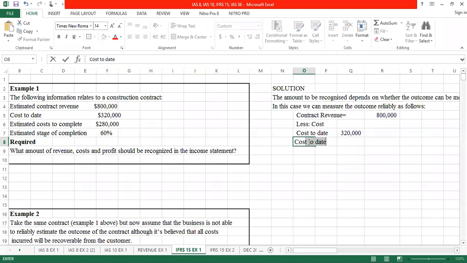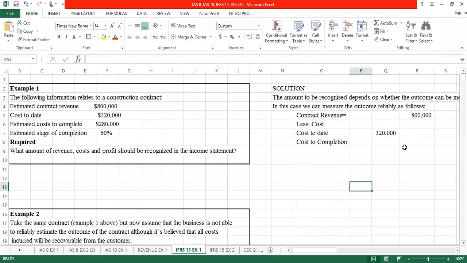So what is our cost to completion? Our cost to completion is 280,000. So what is the total cost?